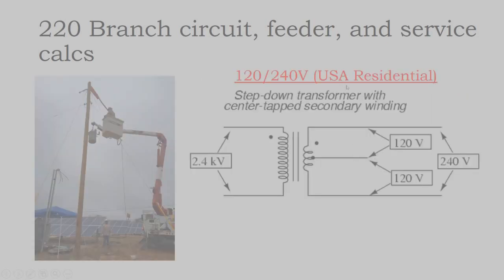So here we have a 220 volt branch circuit service. This is 120/240 volt split phase. The reason why we use this 120/240 volt residential electric service is simply this is the common transformer, where the windings inside the transformer are specifically designed to make it.